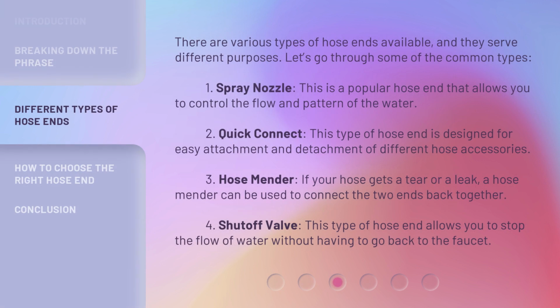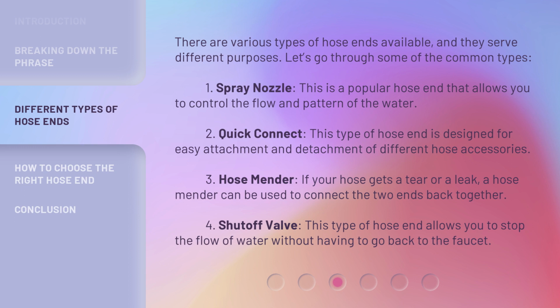There are various types of hose ends available, and they serve different purposes. Let's go through some of the common types. 1. Spray nozzle. This is a popular hose end that allows you to control the flow and pattern of the water. 2. Quick connect. This type of hose end is designed for easy attachment and detachment of different hose accessories. 3.